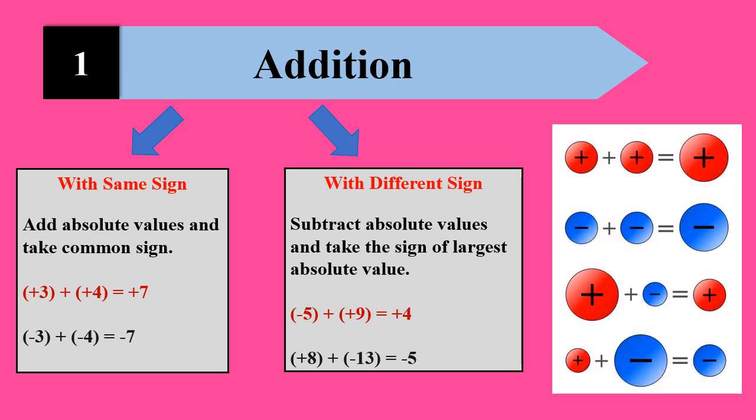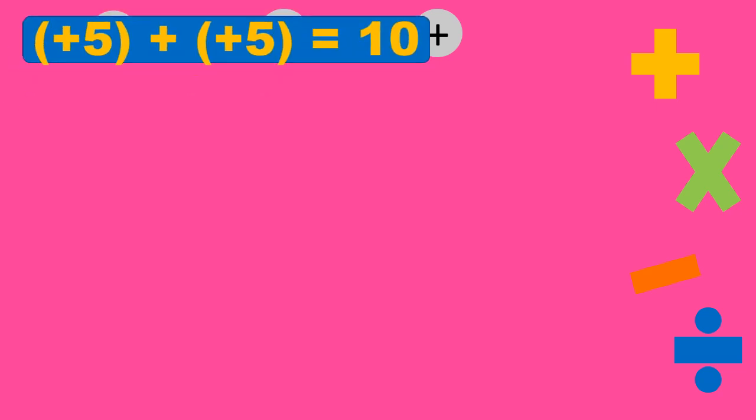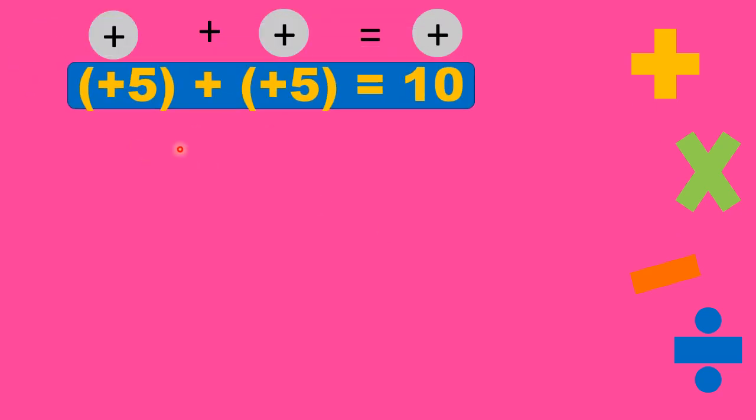Now let's look into this diagram of signs. The first case, we have addition of two positive integers and the resultant integer will also be a positive integer. So positive 5 is being added to positive 5.